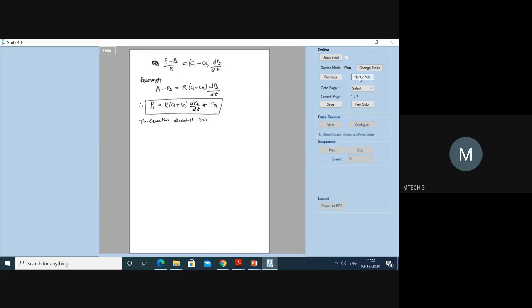how the pressure in the bellows, P2, varies with inlet pressure P1.